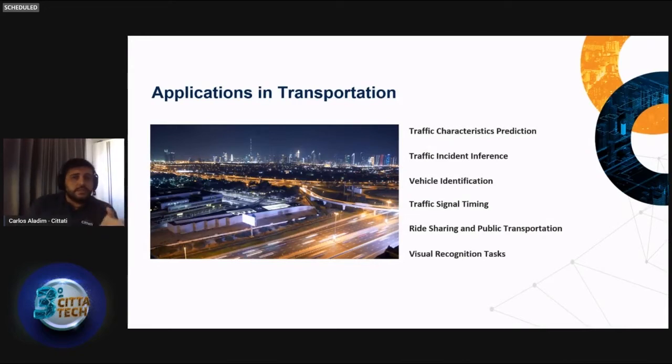Another application that we see is traffic signal timing. For many years there has been research on optimizing signal light timing to have the best performance, and it has been one of the greatest challenges in the transportation field.